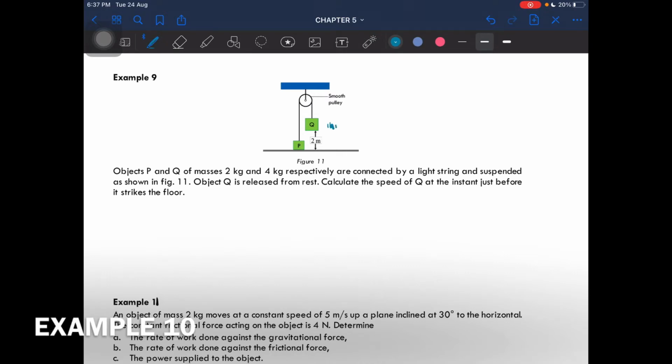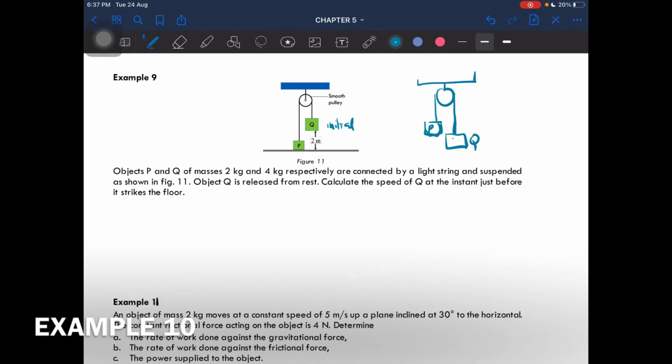Right, so this is the initial. And then let's see the final. What's happening? Obviously if Q has been released, it will be going straight down to the floor because it is heavier than P. So P is going to be here.